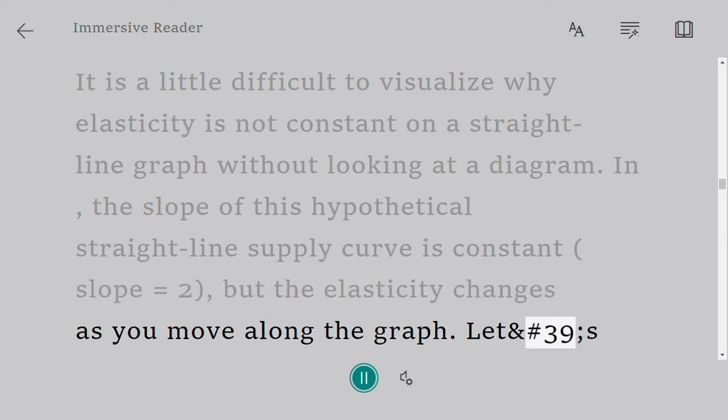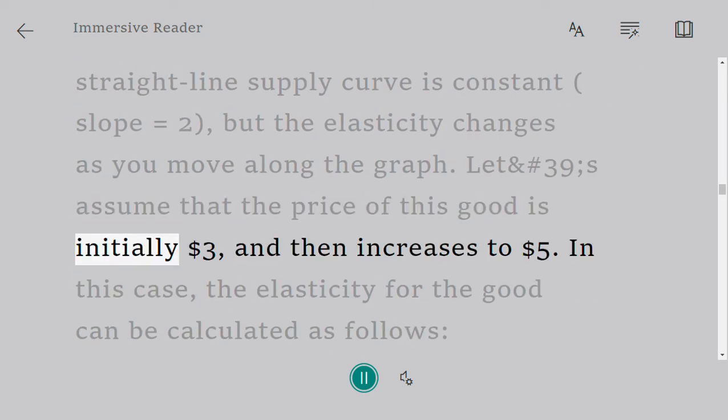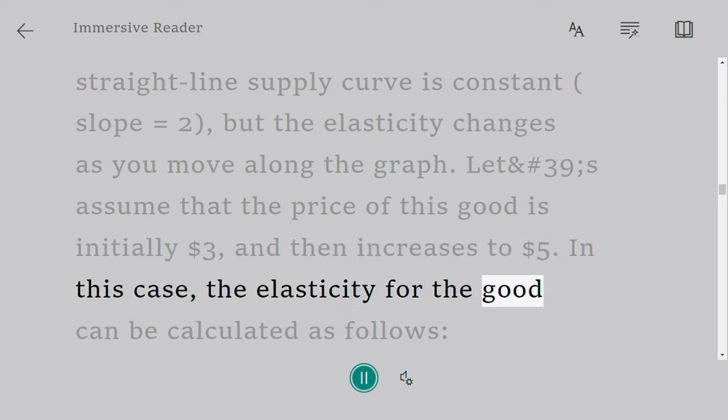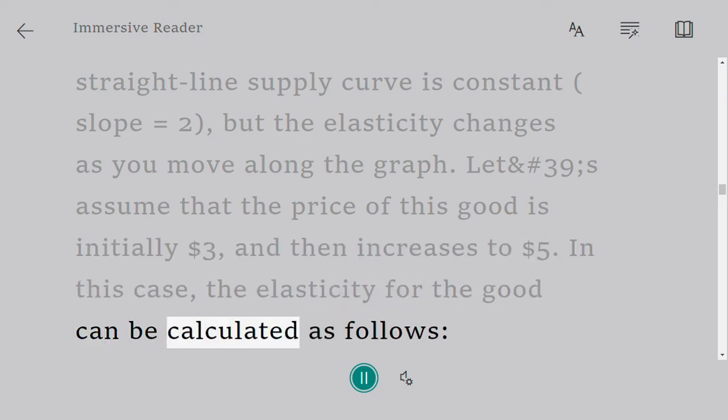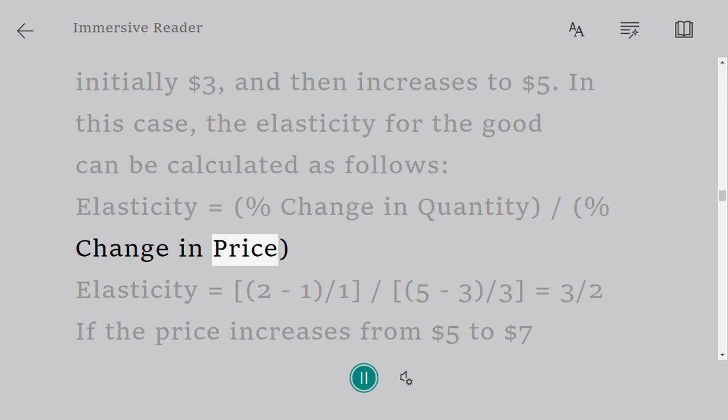Let's assume that the price of this good is initially $3 and then increases to $5. In this case, the elasticity for the good can be calculated as follows. Elasticity equals percent change in quantity / percent change in price.